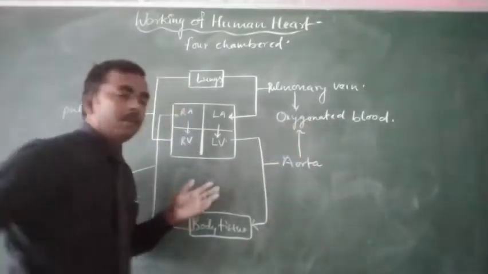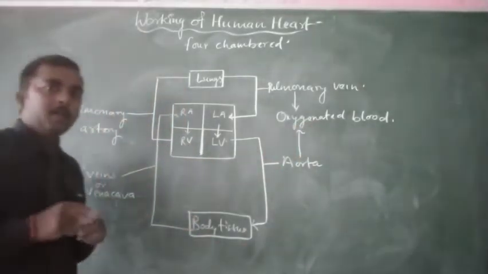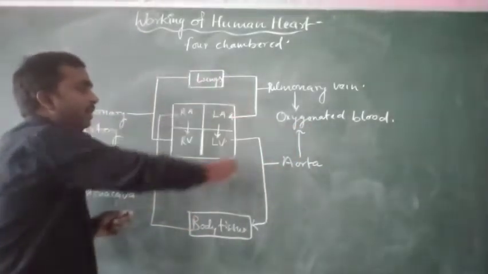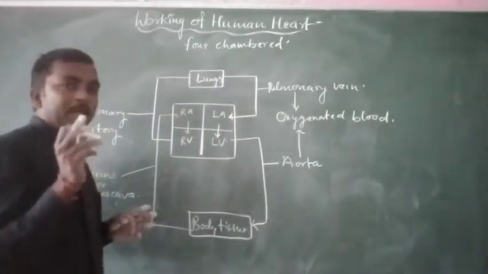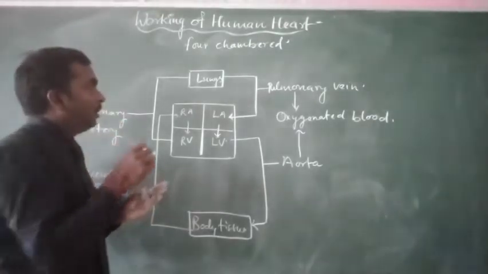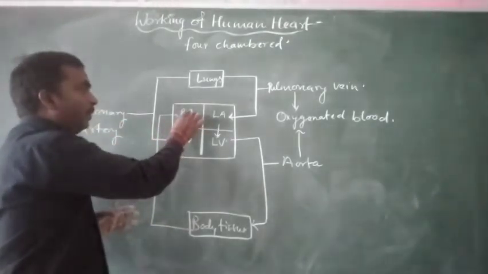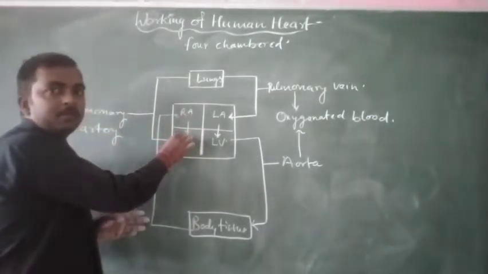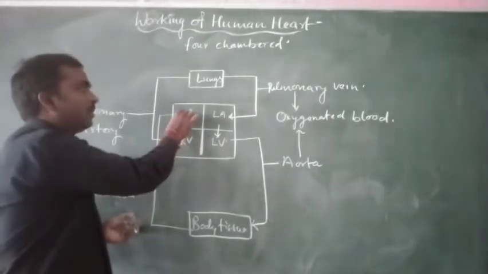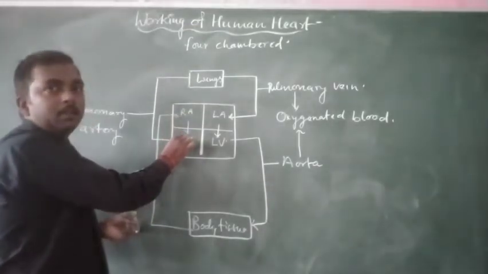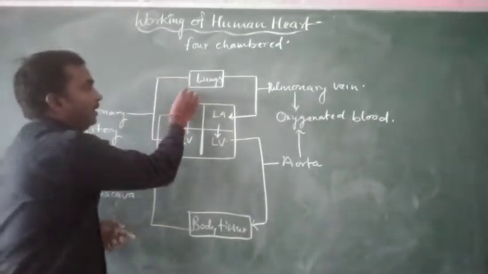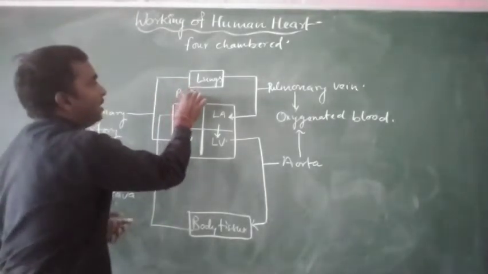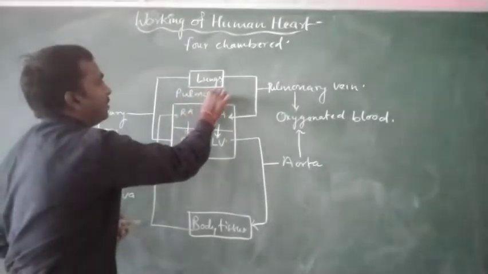So in this way we observe that during a complete cyclic circulation of blood, the blood passes two times. The first is from the right chamber of the heart, that is right auricle, right ventricle, and between the heart and lungs, and this kind of circulation is known as pulmonary circulation.